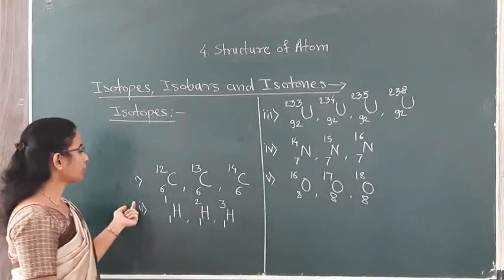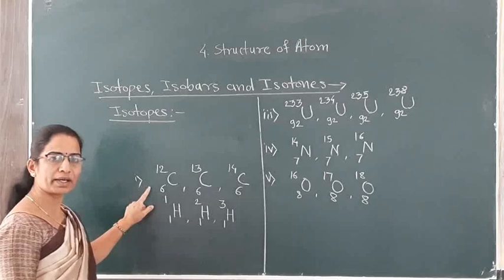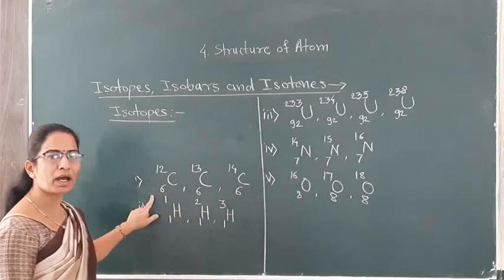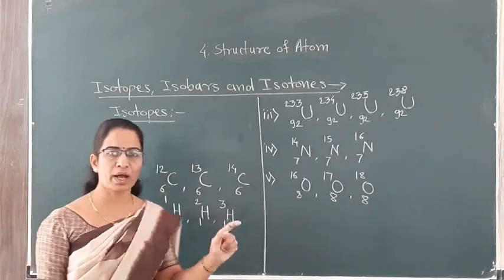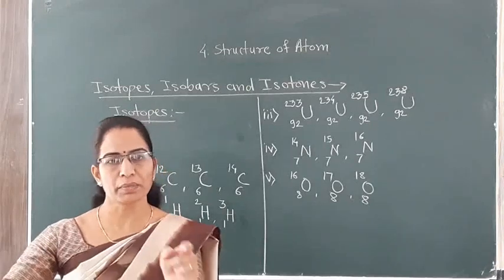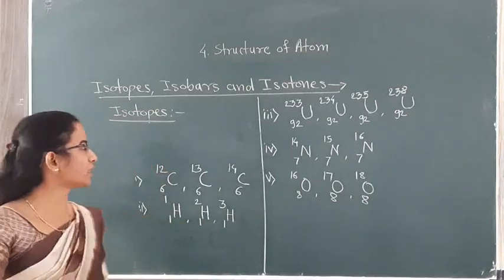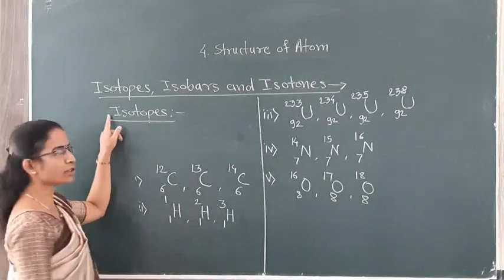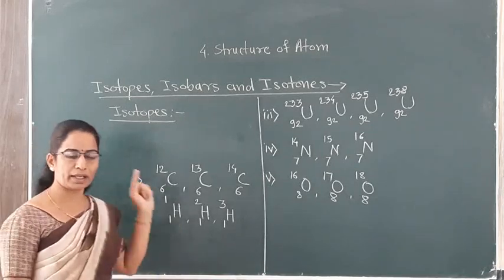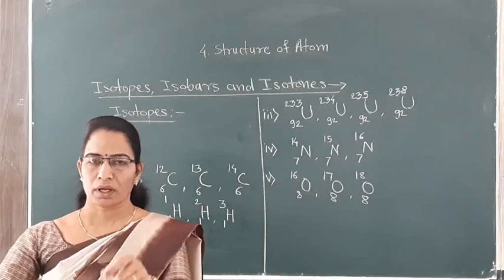Since all these atoms, though of different kinds, are of the same element, they have the same atomic number, and that's why they do not have different positions but the same position in the periodic table. So this is the first characteristic: isotopes possess the same position in the periodic table, though they have different kinds of atoms.